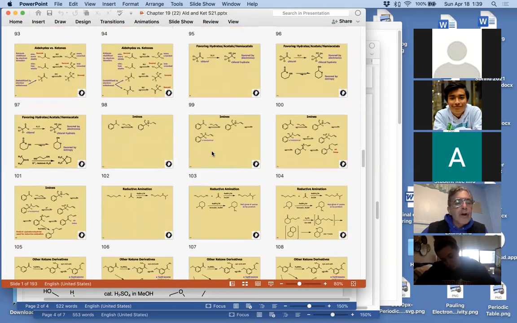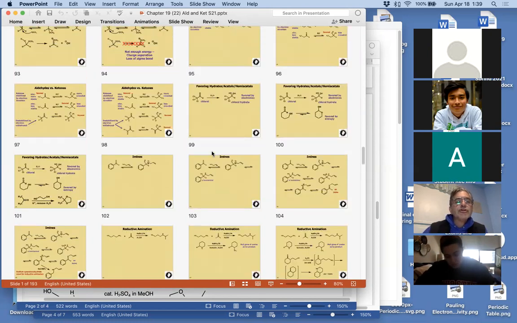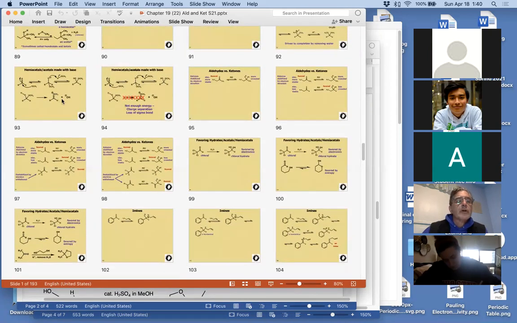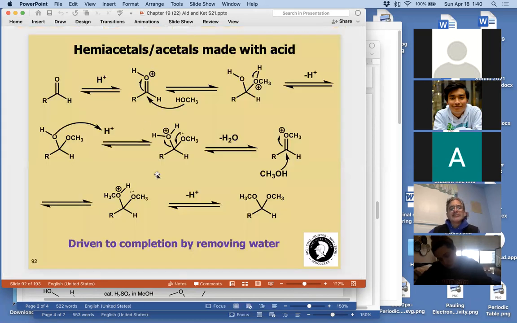Sorry, I should be able to find it faster. I missed it. Must be earlier. Here it is. Okay, back up a little bit. Here's the full mechanism for making the acetal in acid. One of the key steps is the structure right in the middle here.